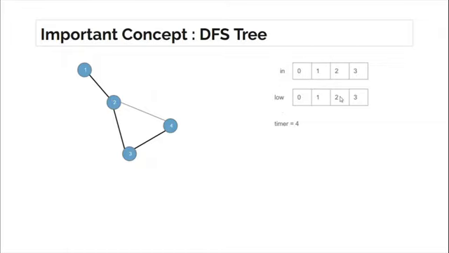The low time of node 4 would change to the minimum of the low time of 4 or the in time of node 2. The in time of node 2 is 1, so the low time of 4 would change to 1, which indicates that node 4 is directly connected to an ancestor who entered at time 1, and the node which entered at time 1 was 2.